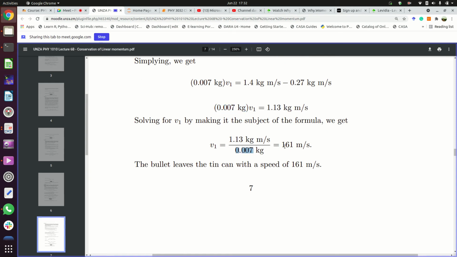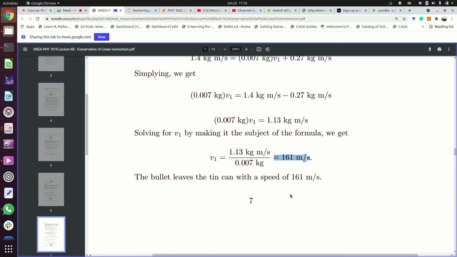We end up having the velocity of 1.61 meters per second. So you can see that the velocity of the bullet reduces from 200 to 161 meters per second.